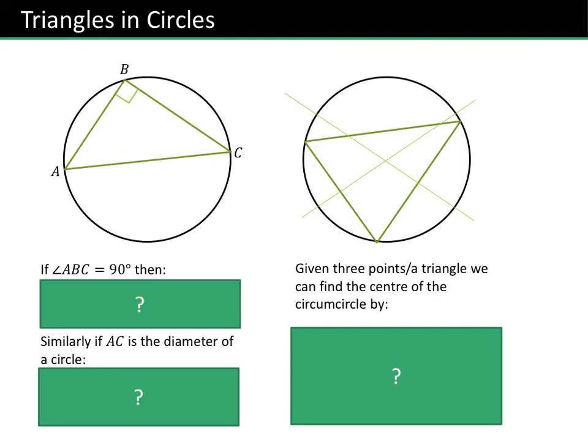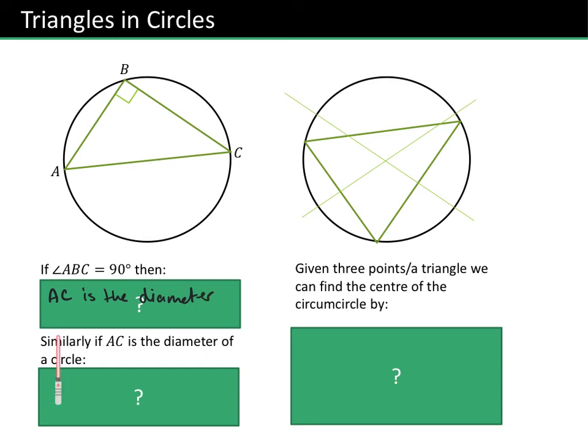Okay, what do we know about triangles and circles? Well, first of all, we know from GCSE, okay, if this triangle here makes a 90-degree angle, we know that AC must be the diameter, okay? We know that. So AC is the diameter.